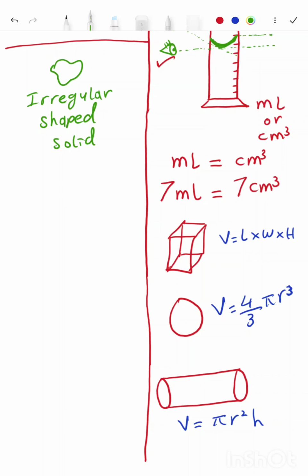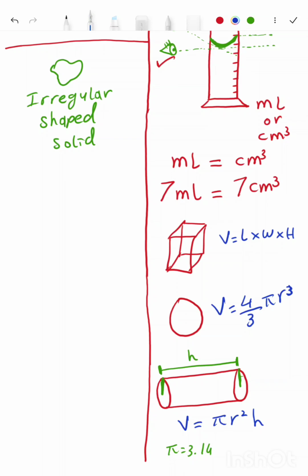Here r is the radius of the outer circle, and h is the height or the length of the cylinder. Pi has a value of 3.14. If we know all of these values, we can put them in the formula and do the calculations for the volume.